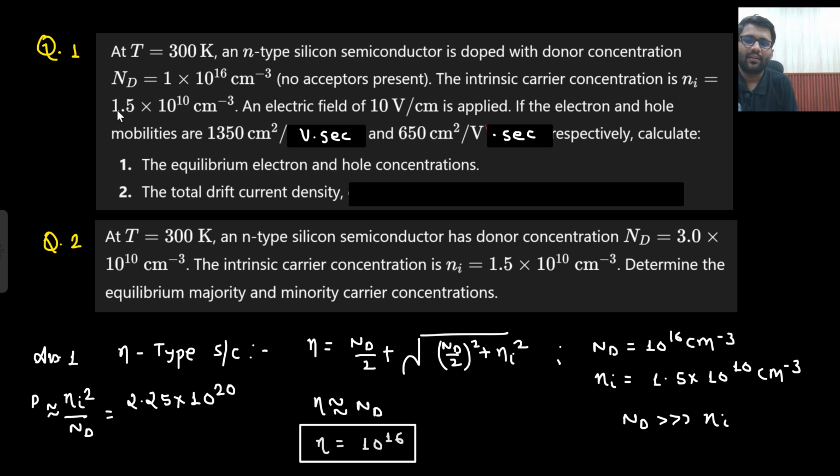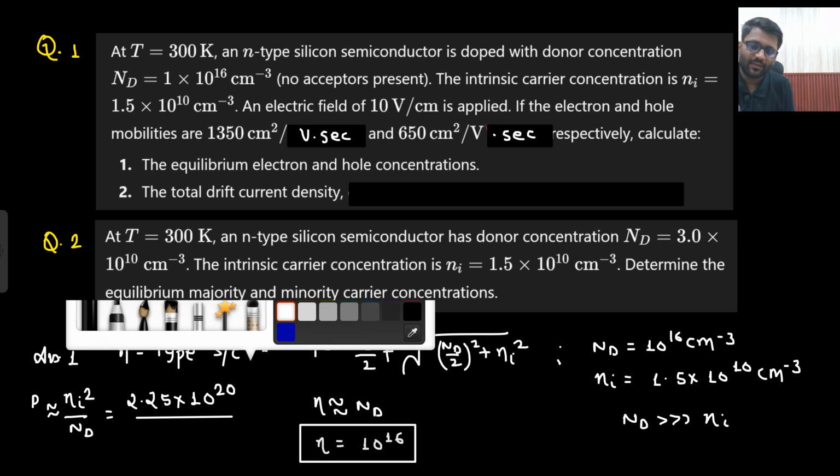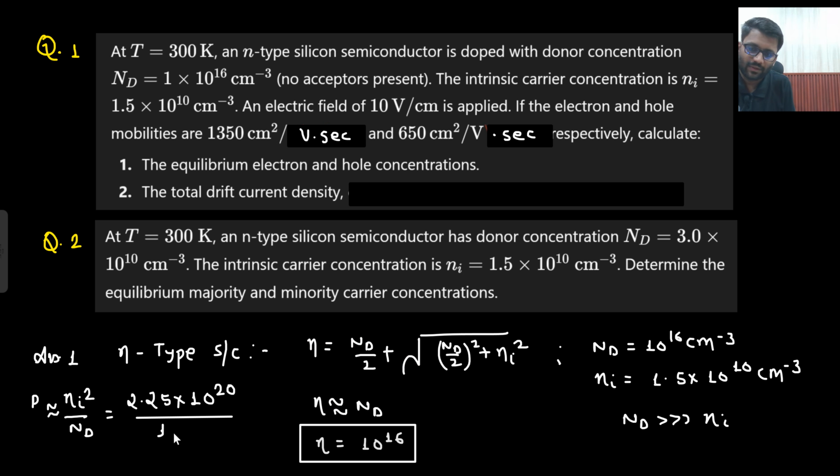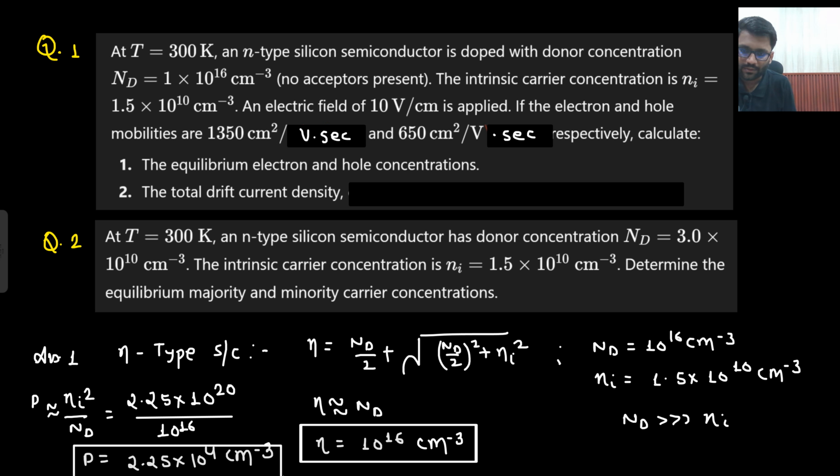You can do the square, right? 1.5 square would be 2.25, 10 to the power 10 square would be 10 to the power 20, divided by the value of Nd, that is 10 to the power 16. Again here also there is a mistake, per centimeter cube. So number of holes would come out to be 2.25 into 10 to the power 4 per centimeter cube. So this is the answer of the second one.